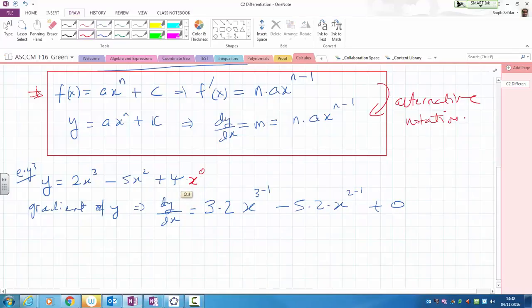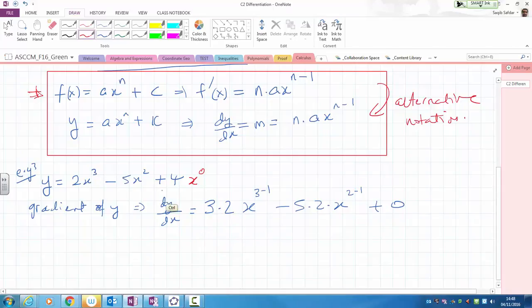And so when you bring the power down, like the rule tells us to, then 0 times anything is just going to be 0. And so you end up with 0. That's one temporary explanation. But in terms of graphically understanding what's going on, we'll go over this when we do integration. Yes?